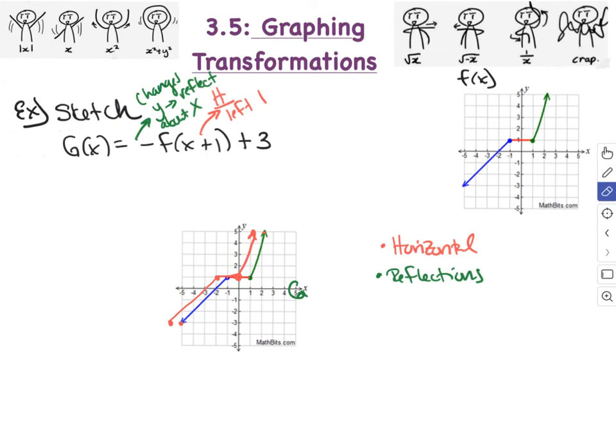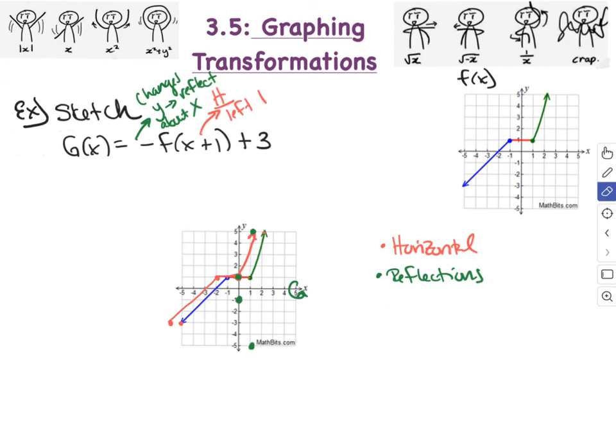Okay, so all of our positive y's become negative. So this point up here, I'll start here, at positive 5 is going to get flipped down to negative 5. The point here where x is 0 and y is 1 is going to get flipped down to y is negative 1.